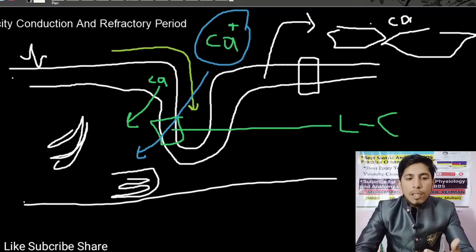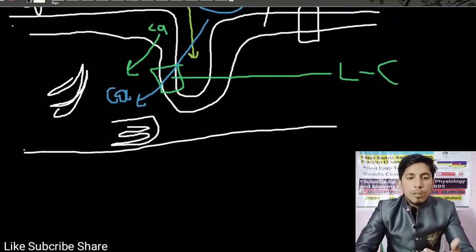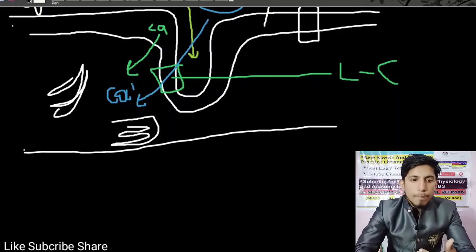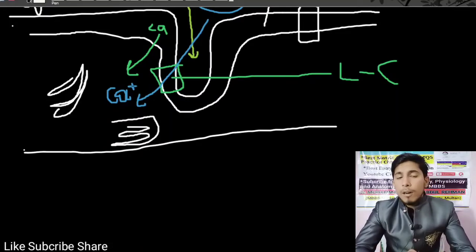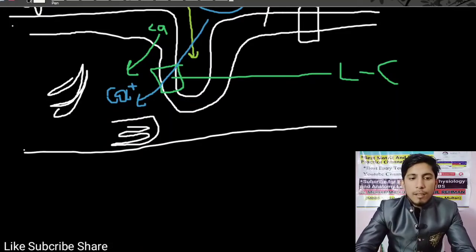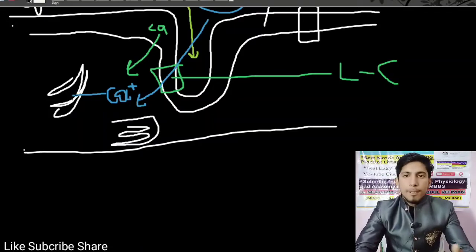When a large amount of calcium has been incorporated inside the cell, it causes two important things. So what are the important functions it provides? This calcium incorporated into the cardiac muscle cell first causes the activation of ryanodine receptors. What are the ryanodine receptors?